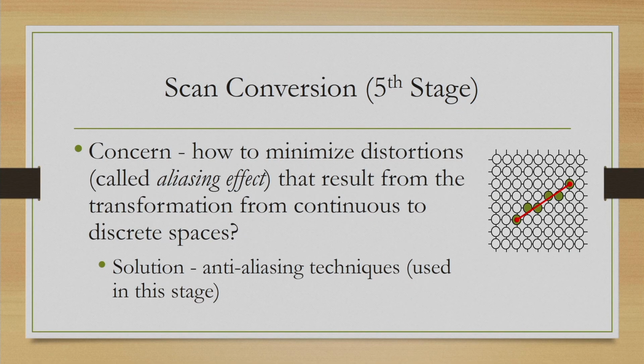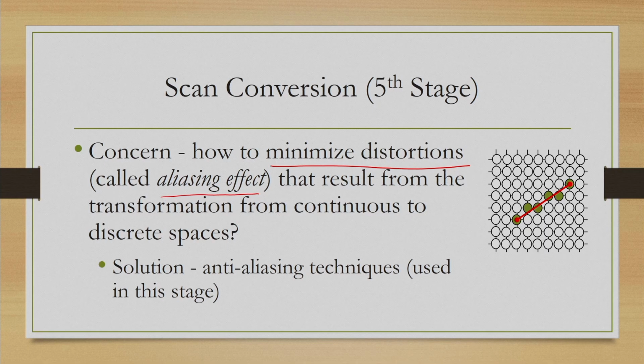So, what is the concern? How to minimize the distortions. Now, these distortions have a technical name which is called aliasing effect. From where this name originated, we will discuss later.